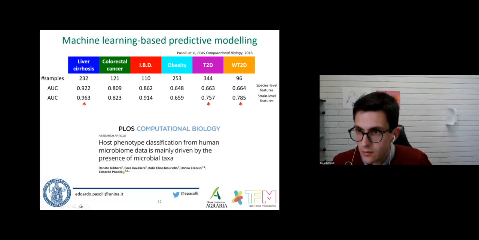Then more recently we also extended the methodology, and in this more recent publication we show how these prediction capabilities are mainly driven by the presence of microbial taxa. So the predictability is not related too much to the actual relative abundance values, but is mainly driven by the presence or absence of the taxa.